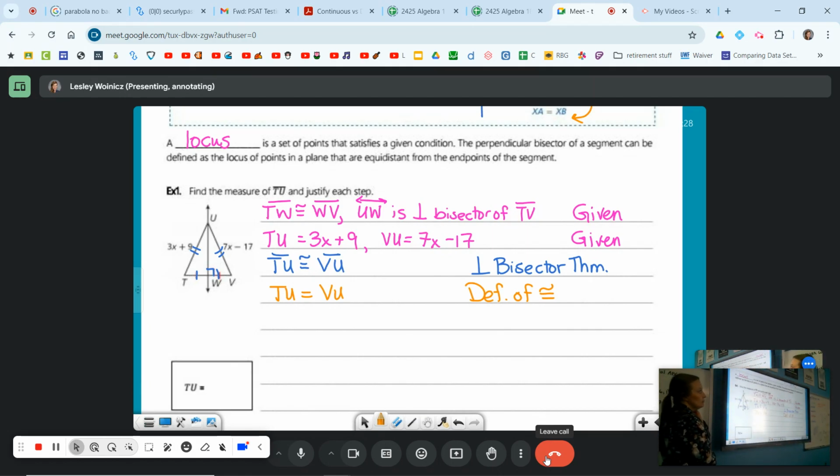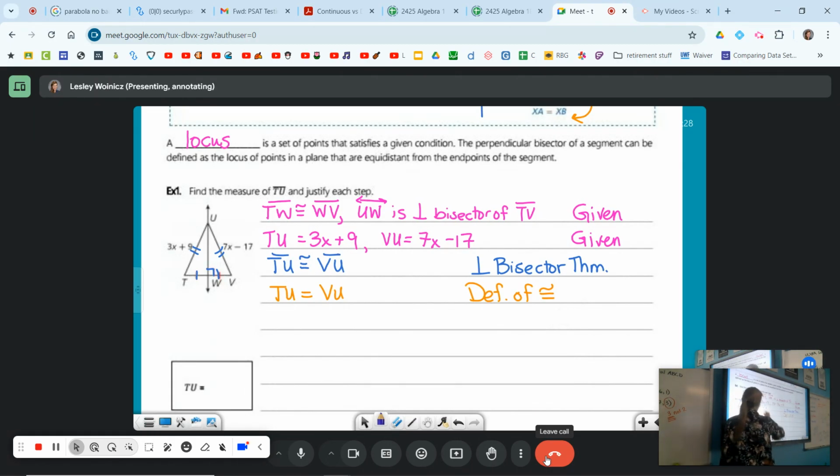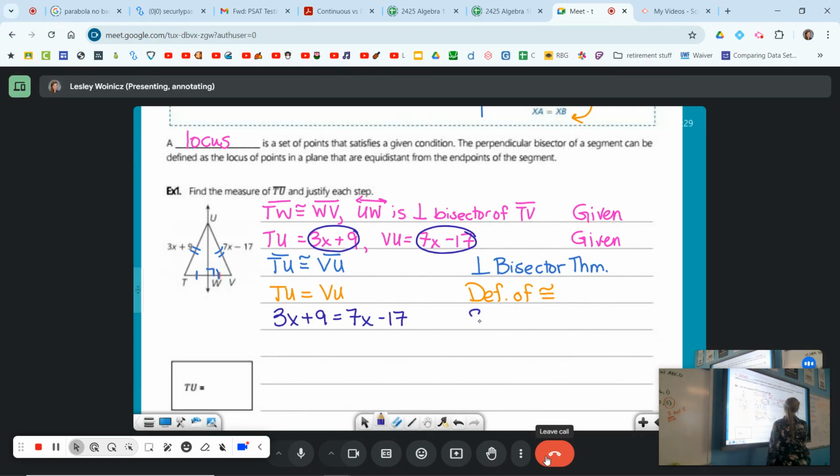All right, now what? Substitution. I have an expression for TU and an expression for VU. I'm just going to pop them into my equation. 3x plus 9 equals 7x minus 17. So that was my substitution property.